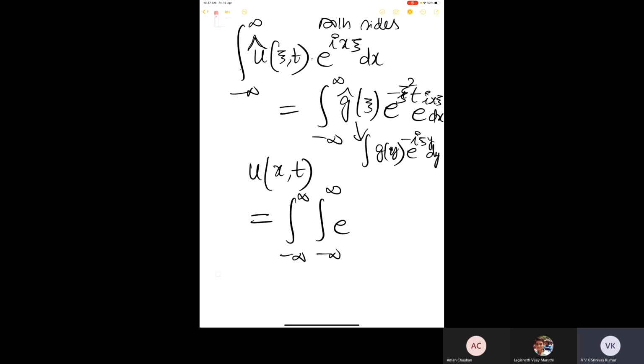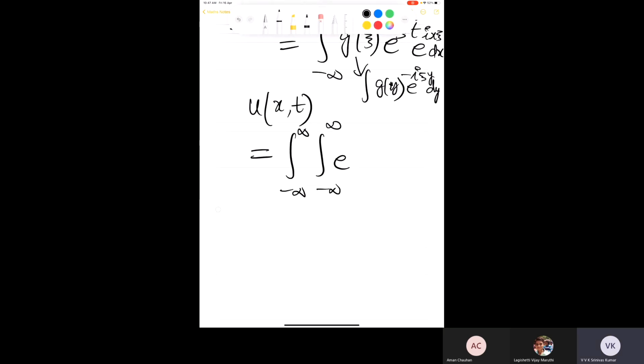Clubbing this and this together, we put all the exponentials together: exponential of I times x minus y times xi, minus xi square t, d xi, and g of y dy.